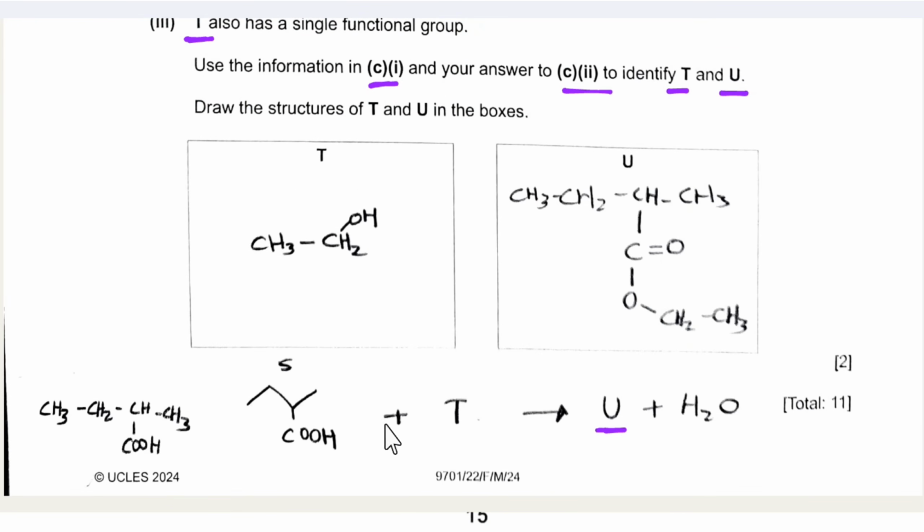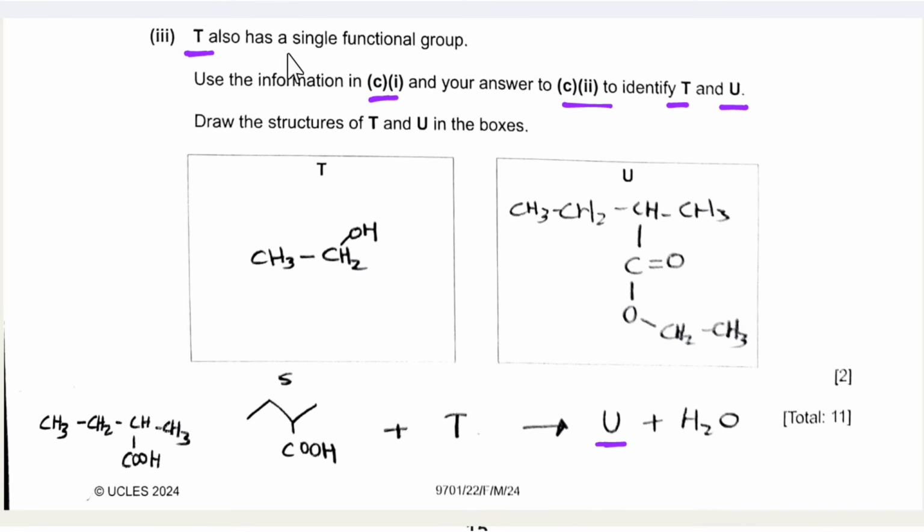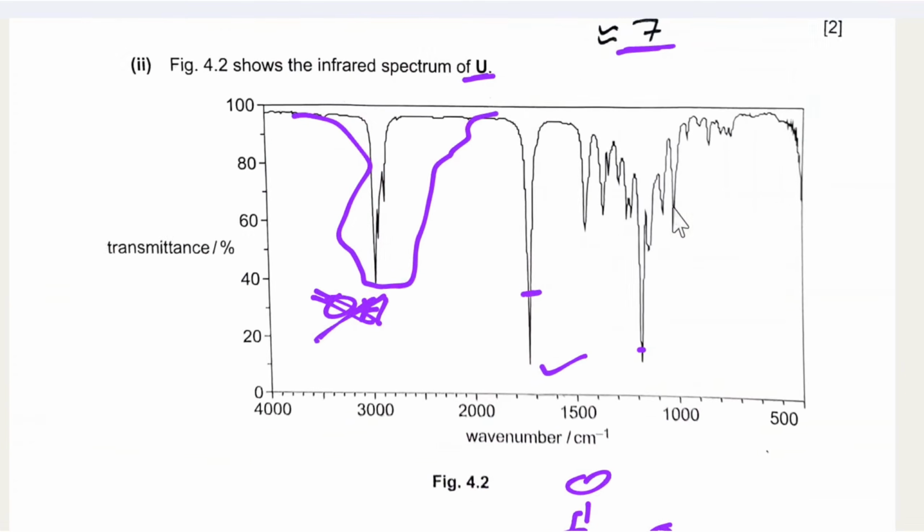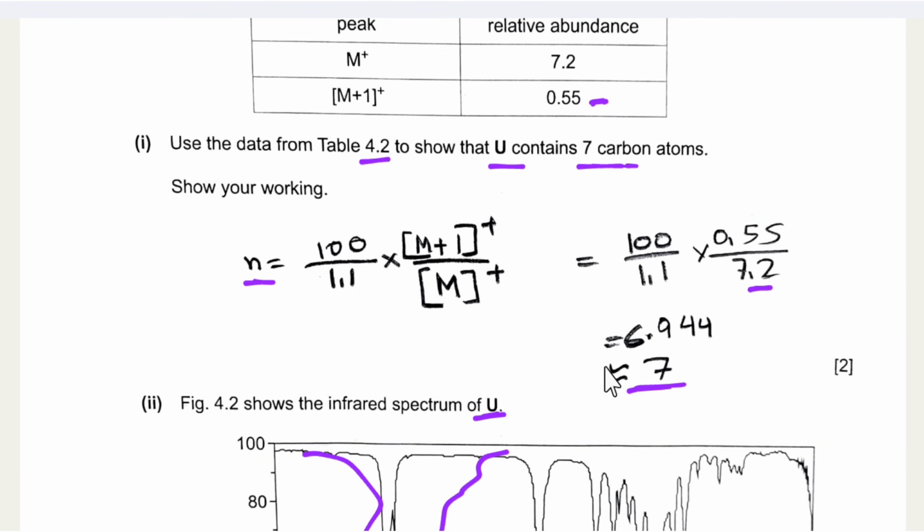So the carboxylic acid, that is S, reacts with T to form the ester, and it mentions that T has a single functional group, and we know that a carboxylic acid reacts with an alcohol to form an ester. So T must contain an alcohol functional group, that is the OH group is present. And what type of alcohol, whether it is methanol, ethanol, propanol, or butanol, we can identify by what we were initially given, that U contains 7 carbon atoms.